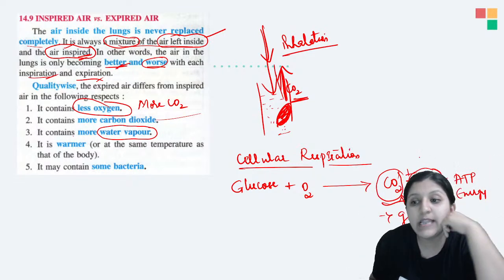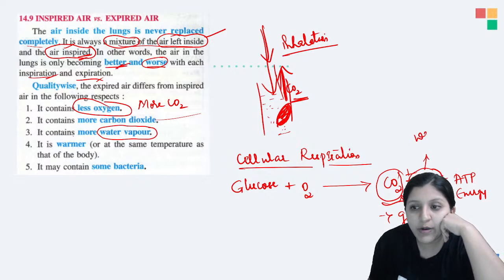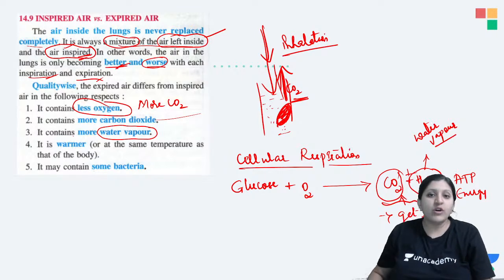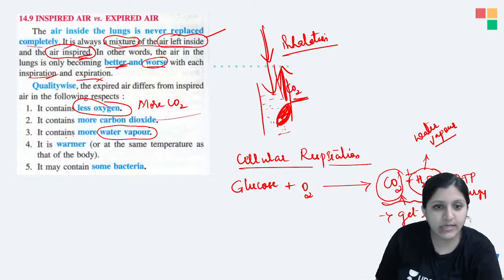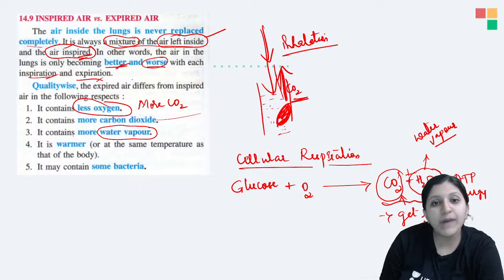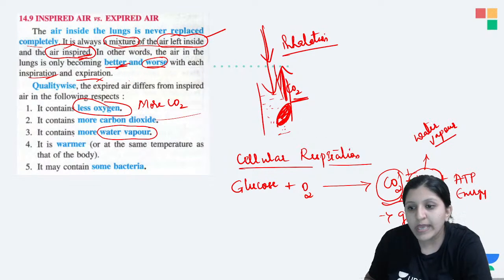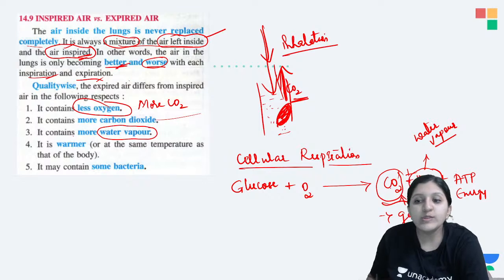It is basically the water vapor. So water is left out in the form of vapor through the lungs, the respiratory system. So expired air will contain the water as well as the carbon dioxide.